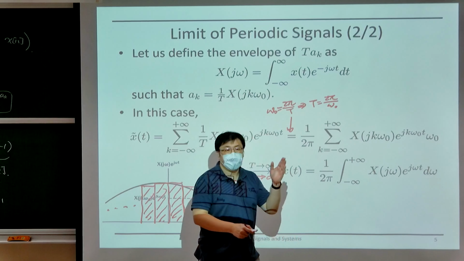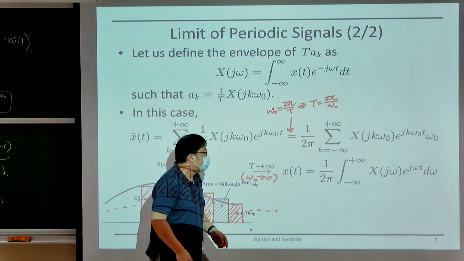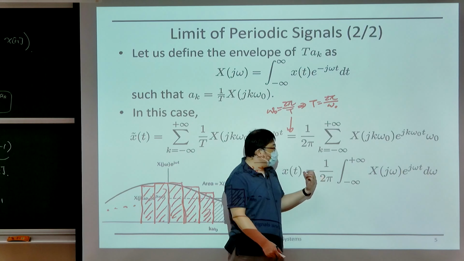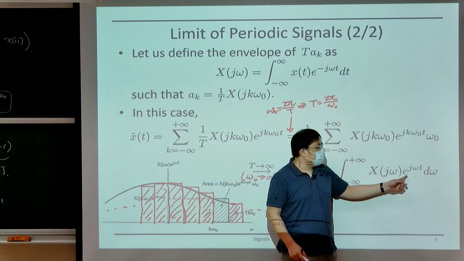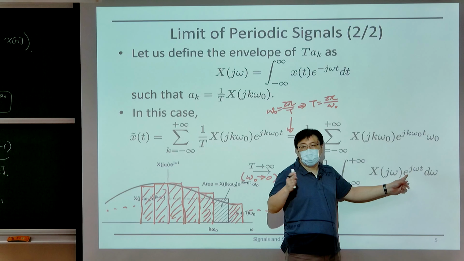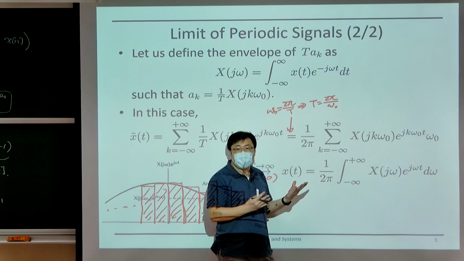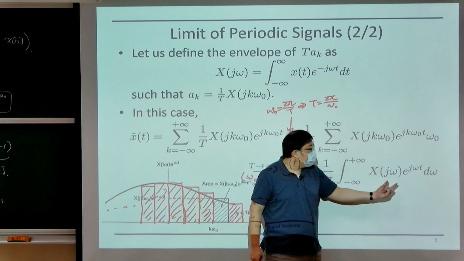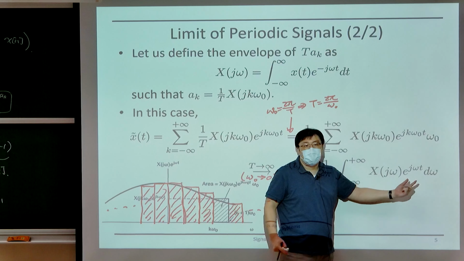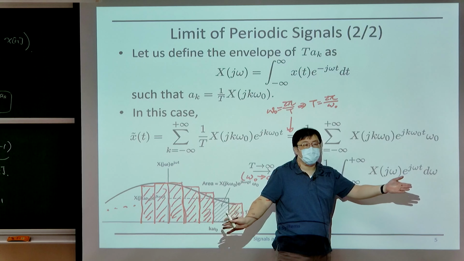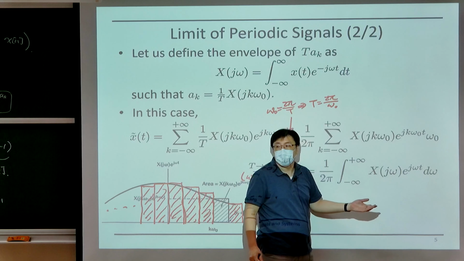So for periodic signals, the signal x of t is just a linear combination of discrete frequency components. But when x of t is aperiodic, it can be a linear combination of uncountably infinite frequency components.